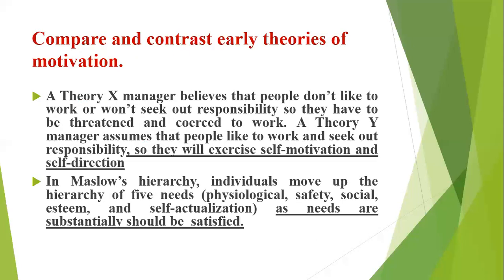Okay, if we like to compare a series of motivation theories. Theory X, for example, believes that people don't like to work. In Maslow hierarchy, the individual moves up the hierarchy on 5 different levels. Then, in short, McGregor, theory X and theory Y. He says theory X, which is a classical theory, the old theory, where the people in management were actually believing that people are like machines.